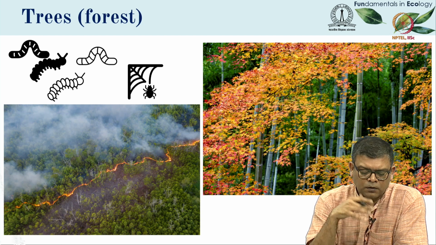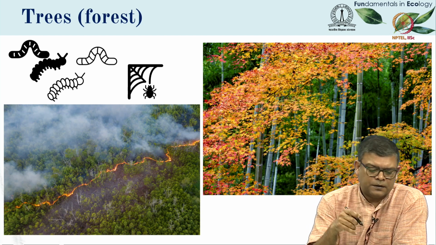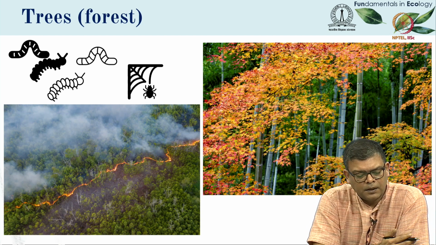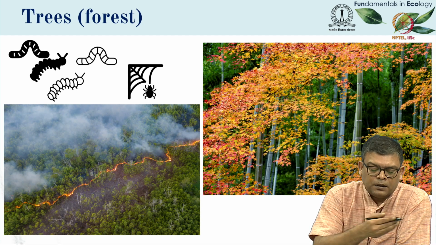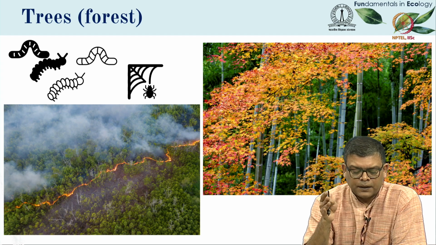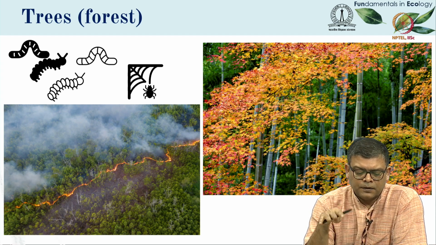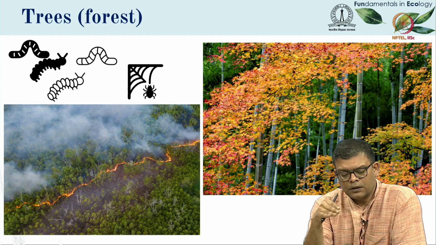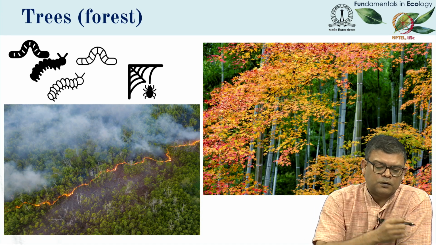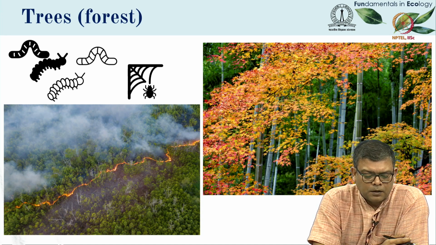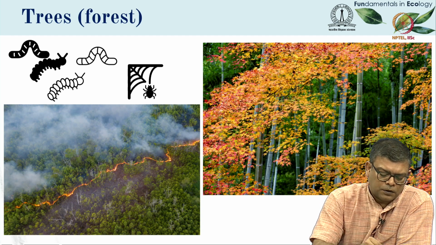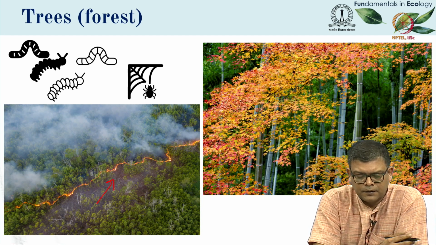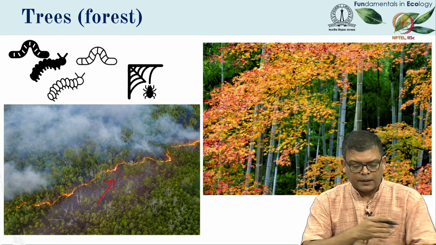So a lot of the consumers and the predators in forests are small organisms such as caterpillars and insects, and the predators are also predators of caterpillars and insects, such as spiders. A large fraction of the material and energy which passes from the trees to other trophic levels goes through small organisms such as insects. What is left over can of course catch fire, and there are a lot of forest fires which convert trees back into gases.